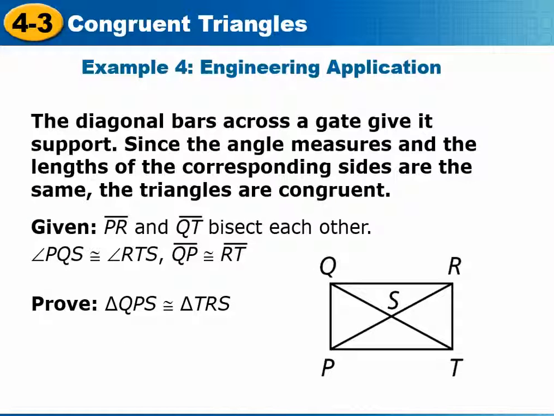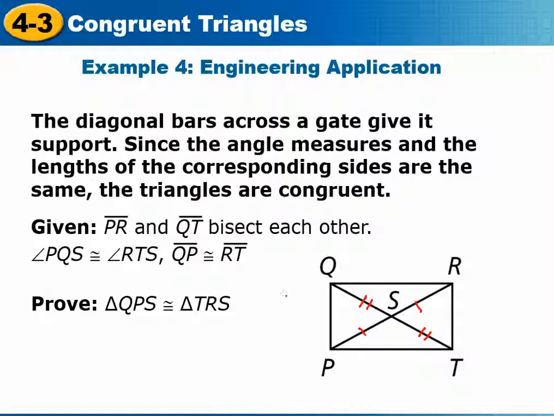Here's an application problem. These are diagonal bars across a gate to give it support. Since the angle measures and the lengths of the corresponding sides are the same, the triangles are congruent. Okay, so we're given that PR and QT bisect each other. That means that we will have some resulting congruent segments.